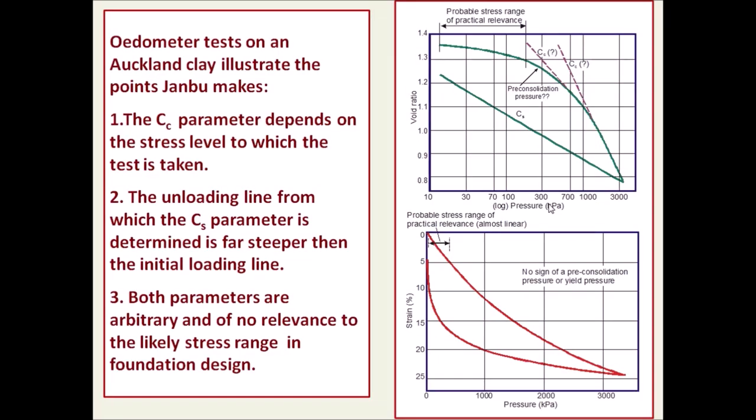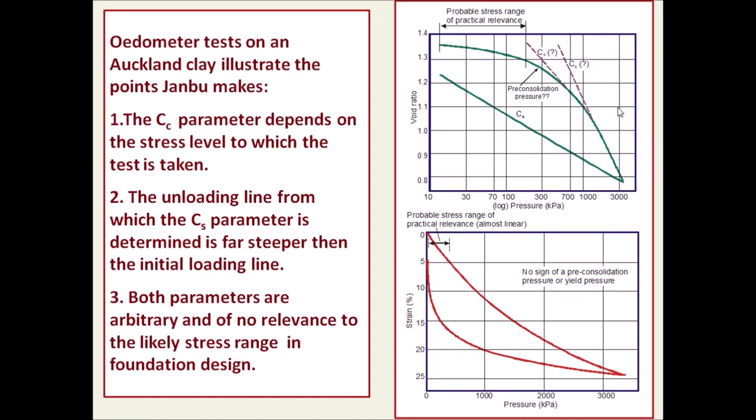These are the results of an odometer test on a moderately over-consolidated, I think, Pleistocene clay from here in Auckland. So this is a standard plot here, and we've taken it up to a fairly high stress, a bit over 3000 kPa. Now, not all odometer tests are taken that high.